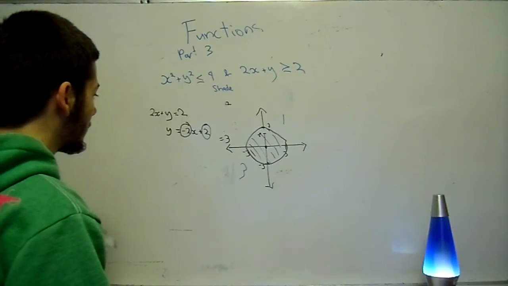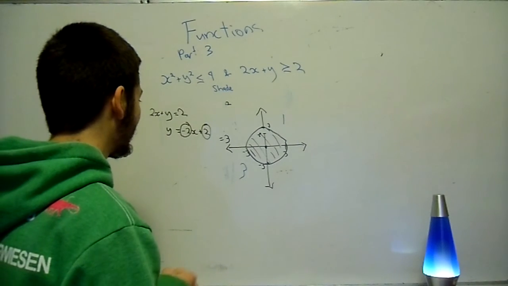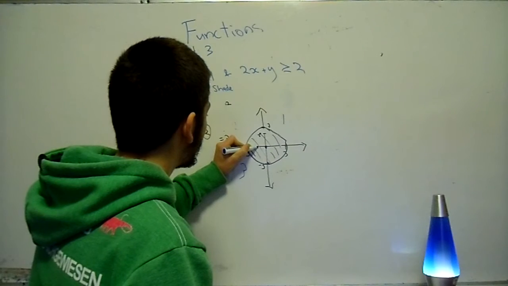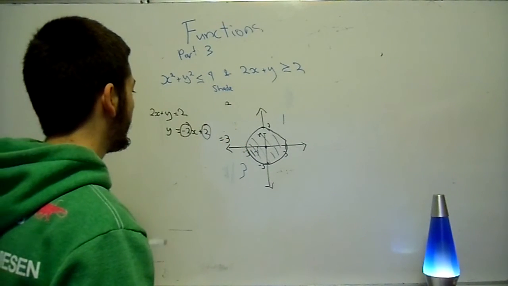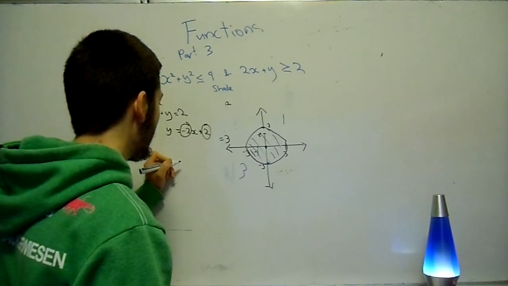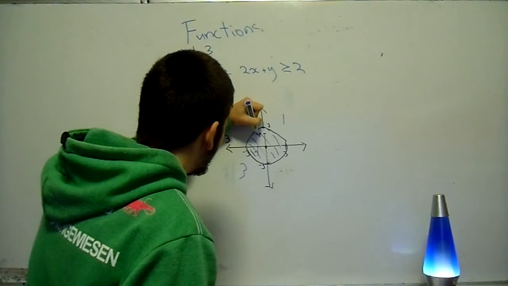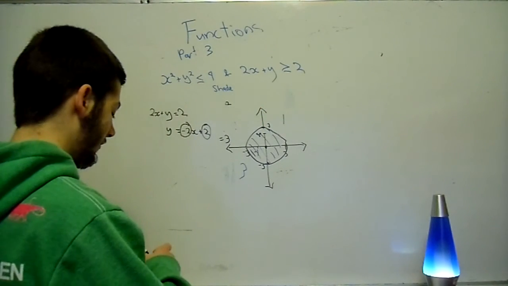Okay, so minus 2, that's pretty simple. So we'll think of a value in our head. Let's say we want x to be minus 1. That's pretty simple. So minus 2 times minus 1, easy, it's going to be positive 2. Now we've got one point there.